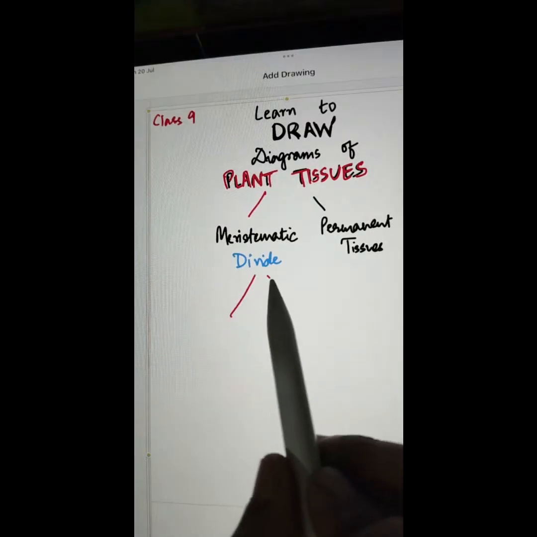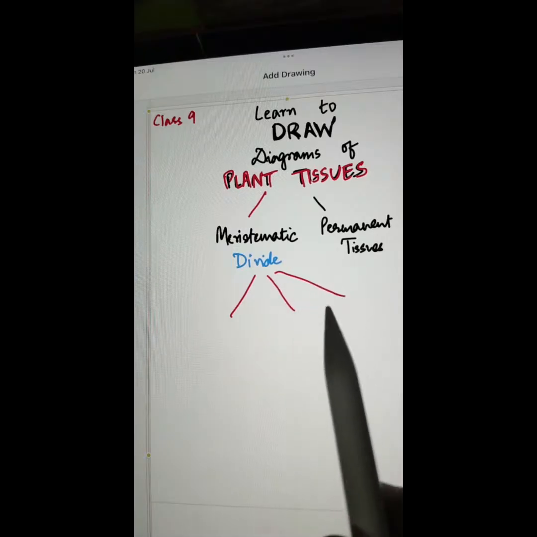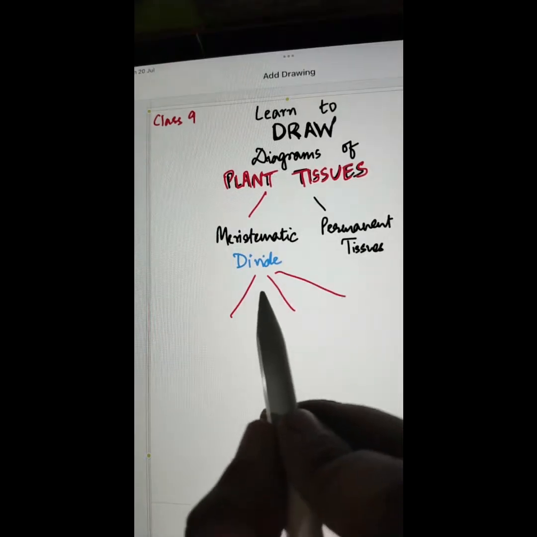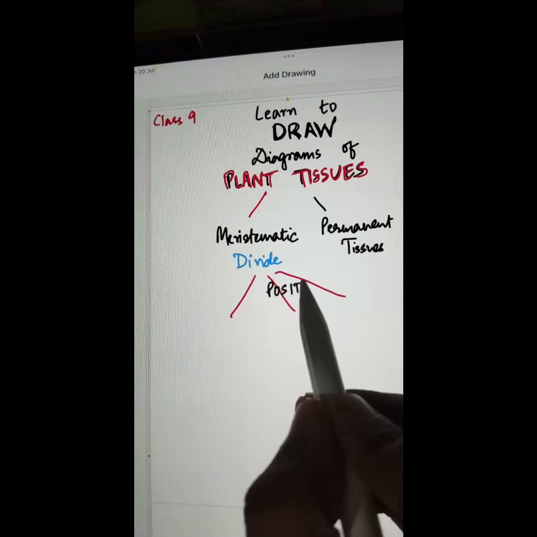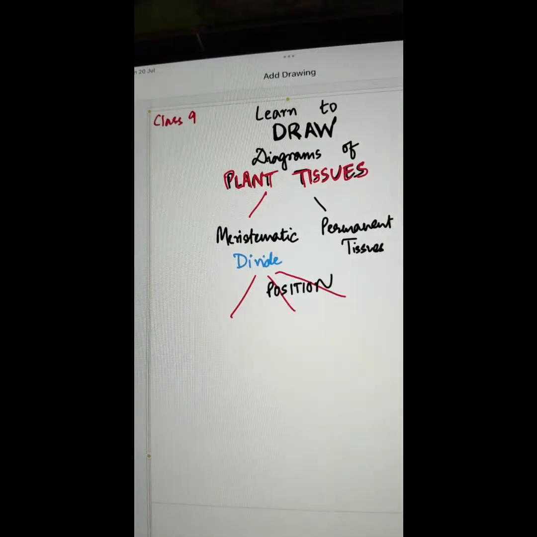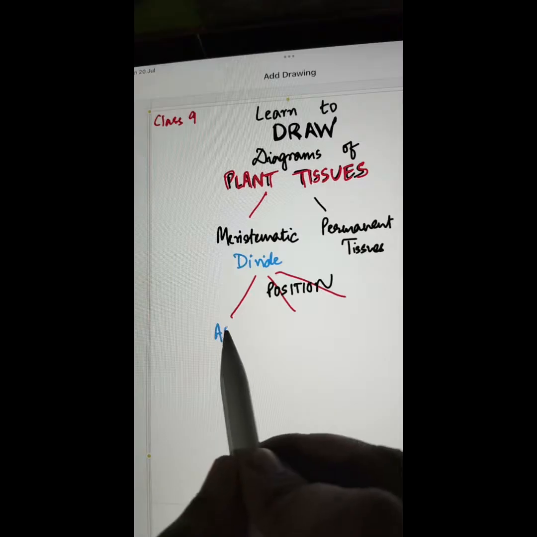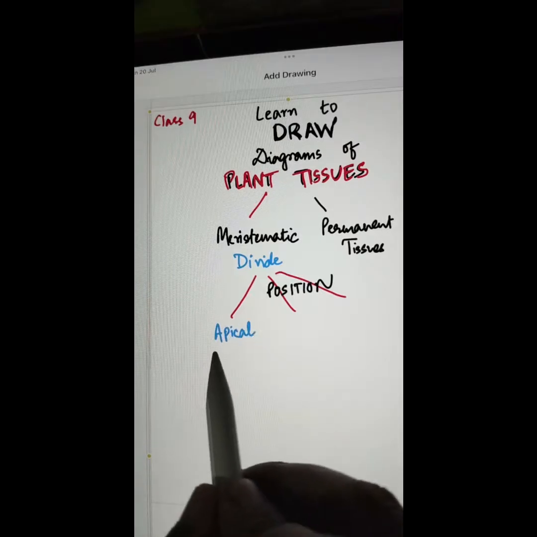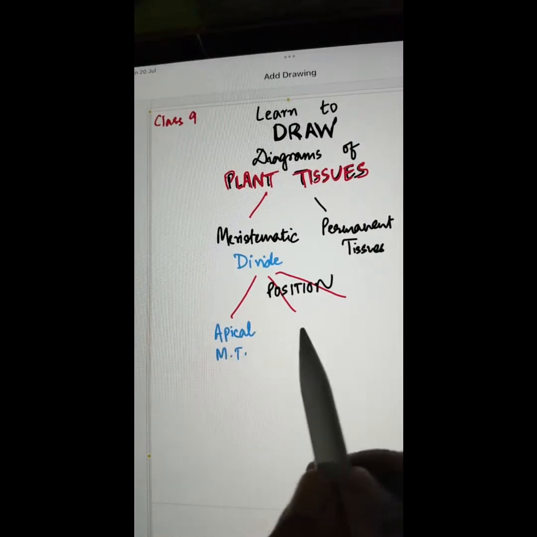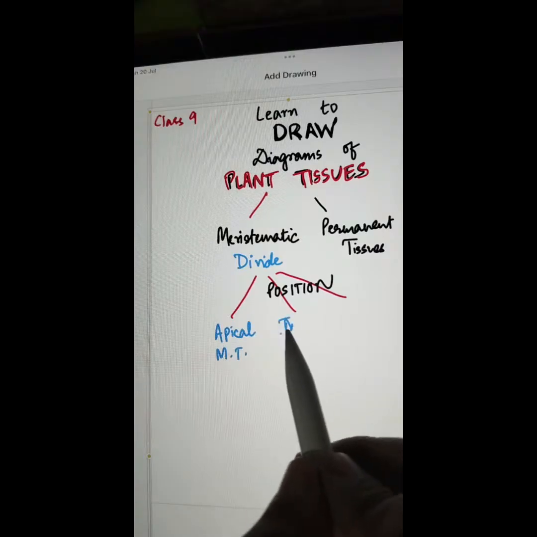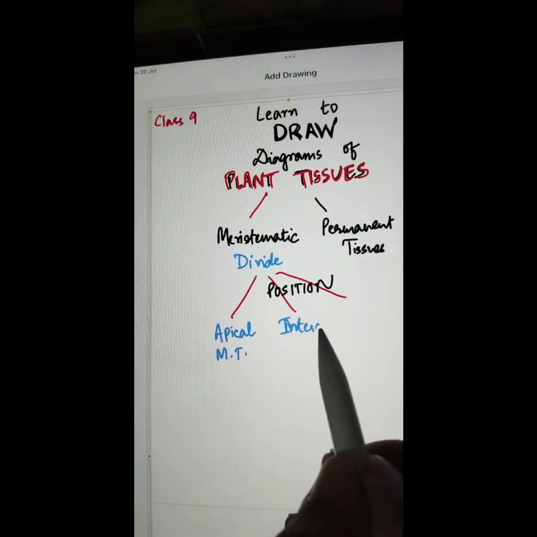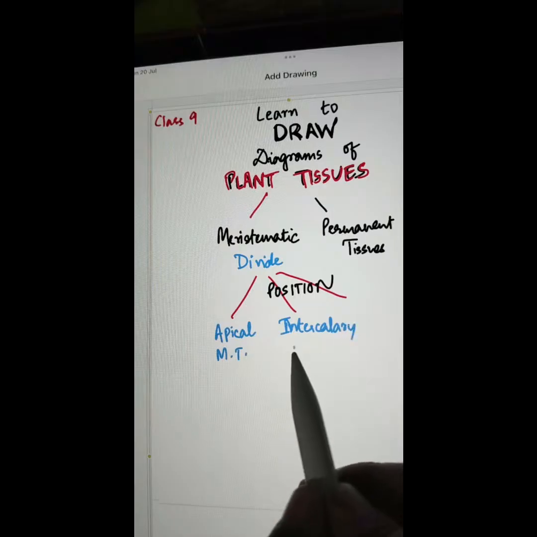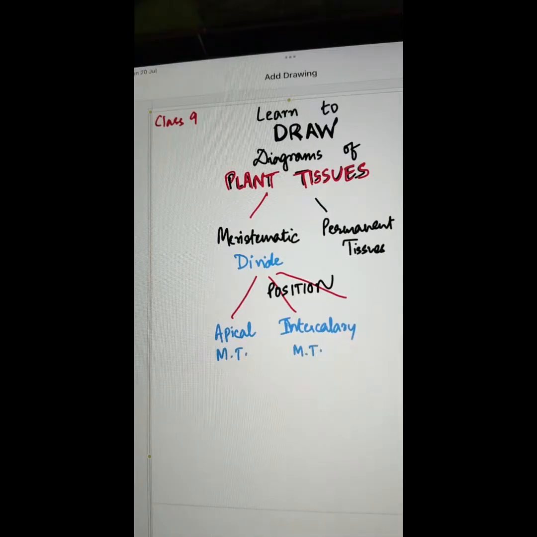So meristematic tissues are of three types if we talk about their position. On the basis of position, they are of three types. First one is apical meristematic tissue. Then we have intercalary meristematic tissue.